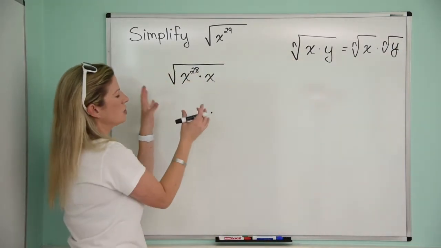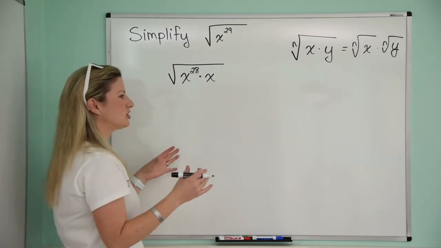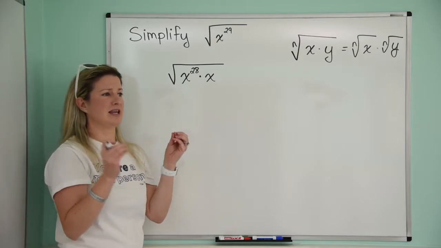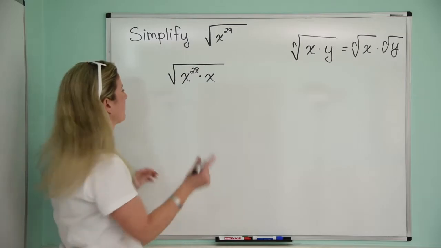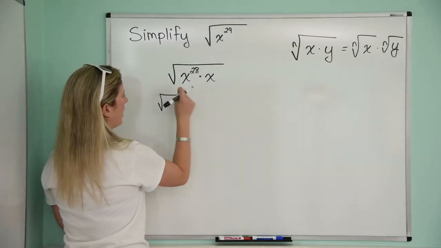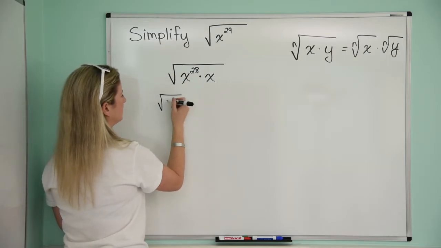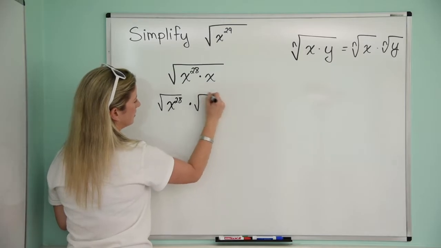The only reason I'm using that is I'm going to break it up just to make it easier to see, okay? Some students are able to do this quickly without breaking anything up, but I think it's important to go step by step so that everyone can understand where everything's coming from. So now I'm just going to rewrite the square root of x to the 28th times x as the square root of x to the 28th times the square root of x.